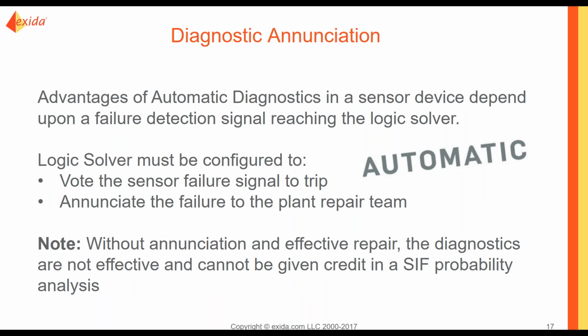What about diagnostics? The advantages of the advanced automatic diagnostics in a sensor device depend upon a failure detection signal reaching the logic solver.